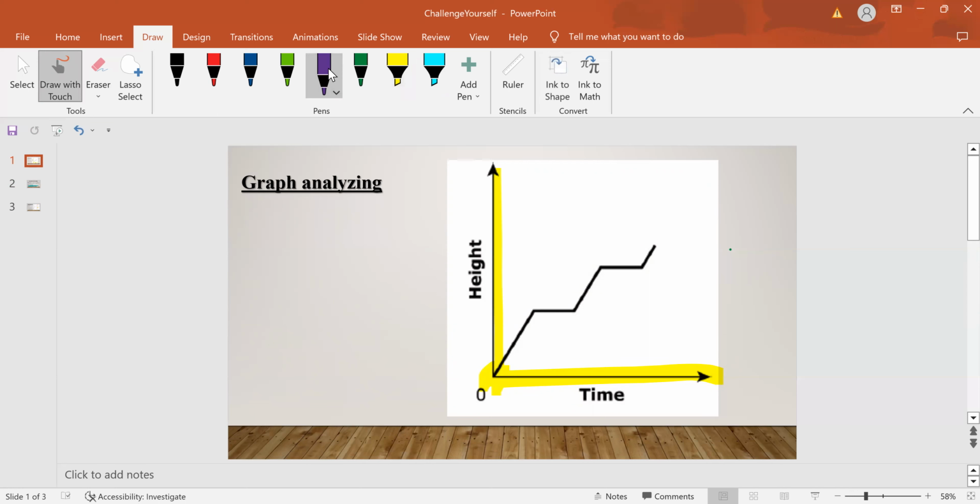So as you walk up, the height is increasing. Before you are at 0, now at some point here, the height increases, and at the same time the time is also moving up. So if you take a rest, it has to be something like this.